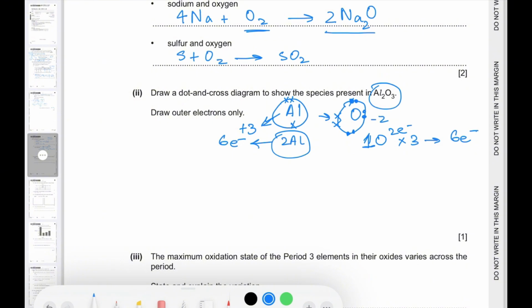As for their dot and cross diagram, aluminium will have lost all of the electrons in its outer shell, having gained a charge of +3, whereas oxygen will gain 2 electrons from aluminium to complete its octet and gain a charge of -2.